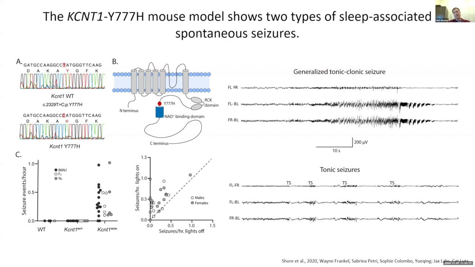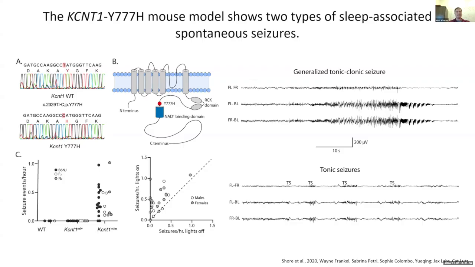And what we found in this model was 2 types of seizures: generalized tonic-clonic seizures lasting about 30 seconds, and another type which we call tonic seizures, which are shorter, clearly electrographic, and accompanied by jerks and twitches and body movements of the mouse.